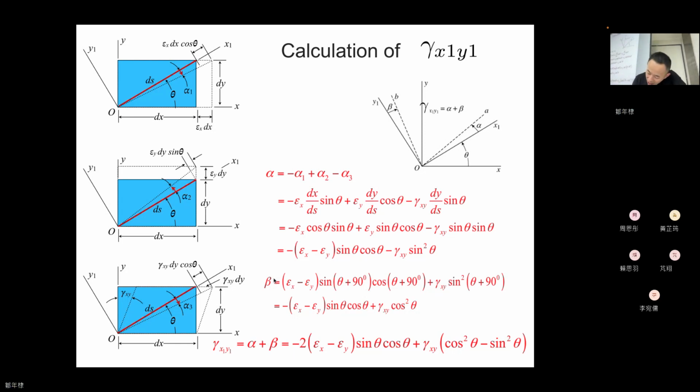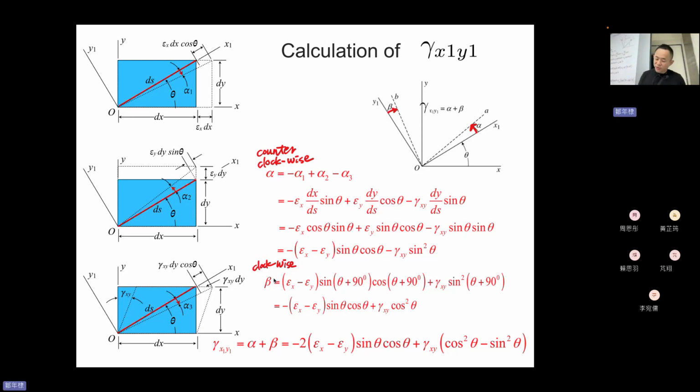You see, alpha is counterclockwise, and beta is clockwise. So they are kind of different, but it's okay.